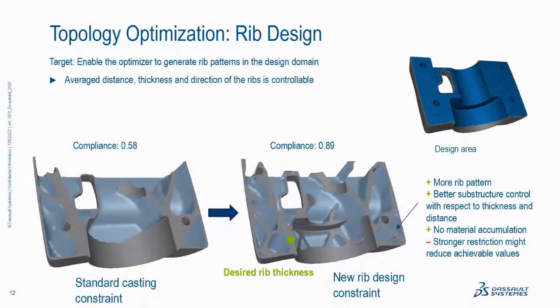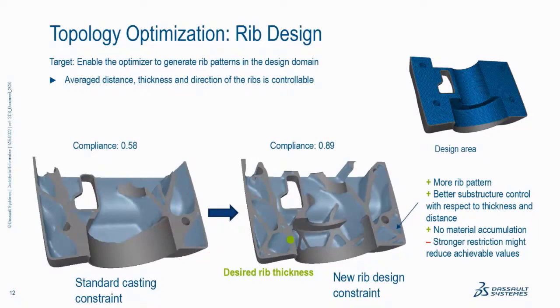The next one is a completely new feature. This allows the user to create rib structures while optimizing the model. The way this was done previously was to use some kind of a casting constraint, maybe multiple casting constraints. But the problem is we can't really control the thickness of the ribs or the distance between two ribs or anything really.